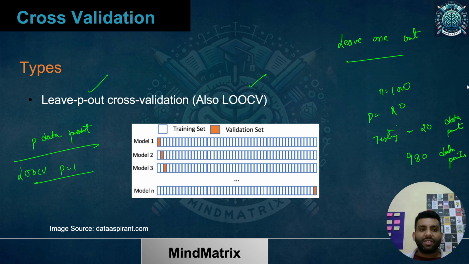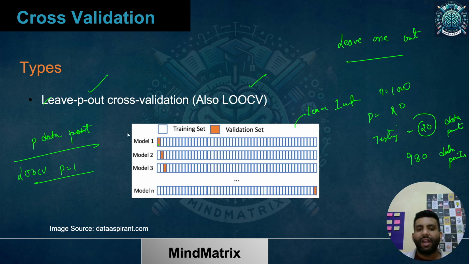Now the point is, in this leave-p-out cross validation, you will keep changing those 20. For example, this is the example of leave one out, because I'm testing on just one data point and training on all the rest of the data points.